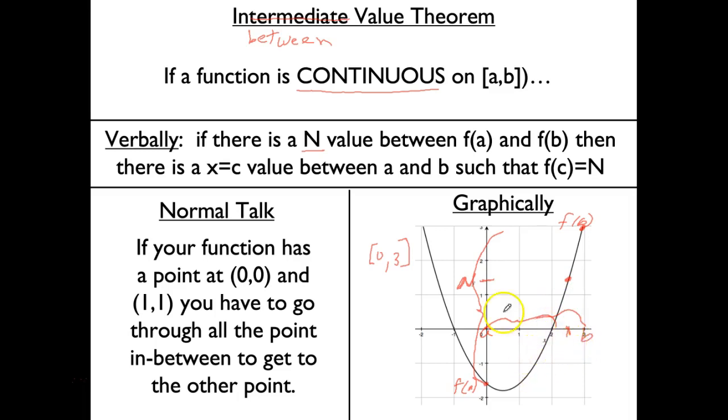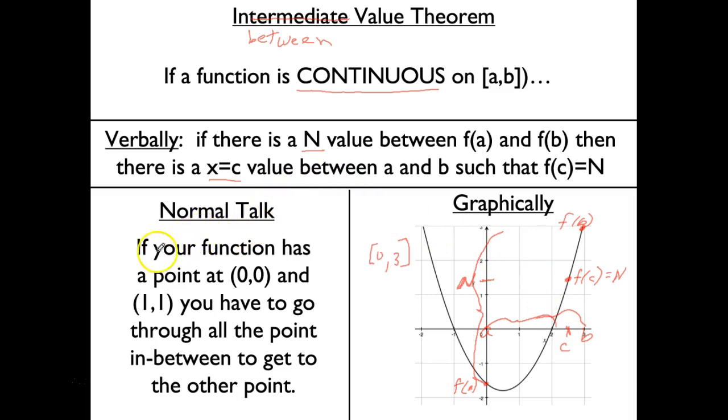We're calling it the c value, where f of c is equal to n. So it's just saying that any x value in between here has to be crossed through, and any y value through there has to be crossed through. So really the way to think about this is you have to cross through all x and y values between the points in order to have a continuous function.